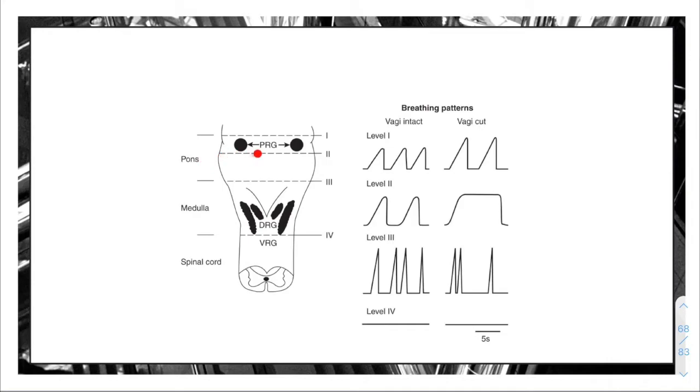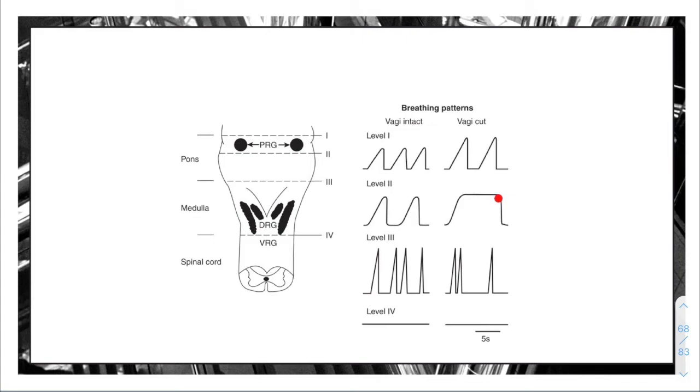If the brainstem is transected in the pons, at level 2, the breathing pattern can show apneusis, or a prolonged pause, if the vagus nerves have also been transected.